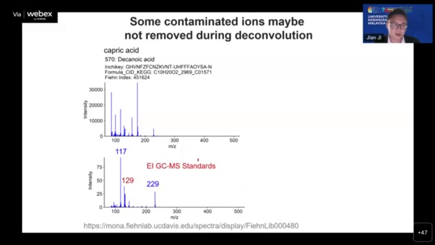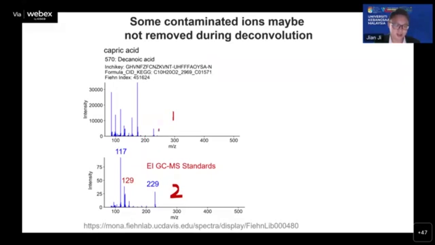You can see here in the samples, we got a compound called caprylic acid. If we buy the standard for injection, you will get a spectrum like this. And the software, after deconvolution, gives you the spectrum in this one. Let's compare spectrum 1 and spectrum 2.